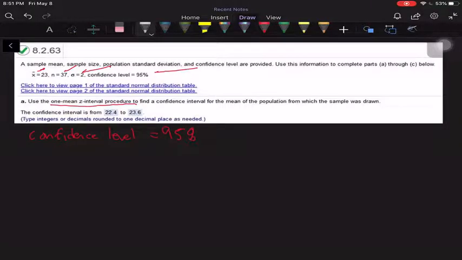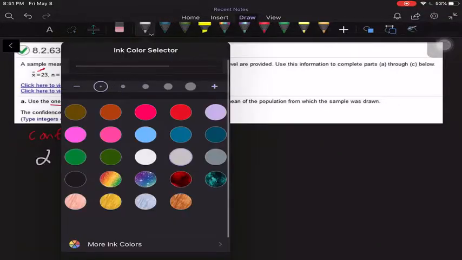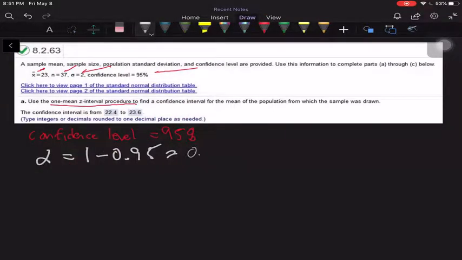The next thing that we're going to do is find our alpha. So our alpha is just going to be subtracting 95% in decimal form from 1, and that's going to get us 0.05. Now we need to refer to our z-score table.